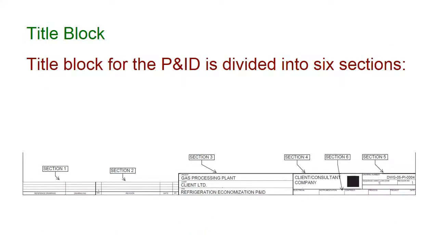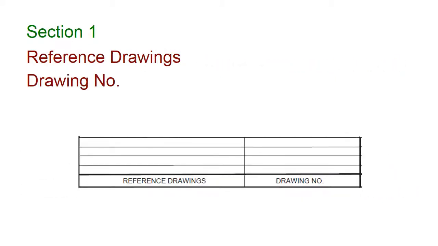The title block for the P&ID is divided into 6 sections. Section 1: Reference Drawings, Drawing Number.